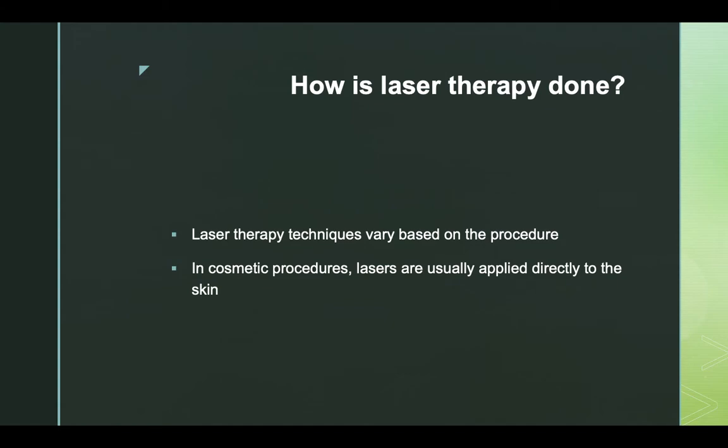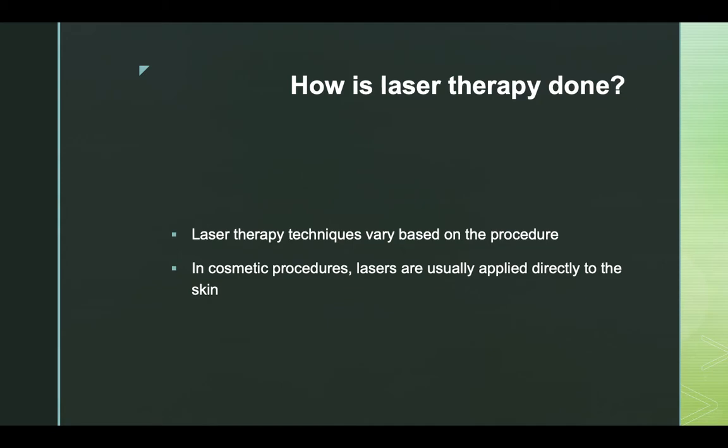The laser therapy techniques are very based on the procedure. So you will have different treatments for different goals. If, for example, a tumor is being treated, an endoscope is maybe used to guide the laser and to view tissue inside the body.